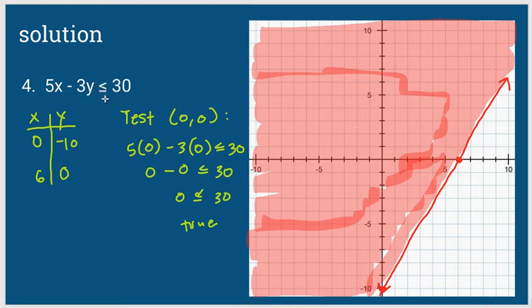If it was just less than, or just greater than, I would use a dotted line or a dashed line. And then the last step is to pick a test point. 0, 0 works well, but if the line goes right through 0, 0, just pick any other point on the graph. Plug that in for x and y. See if it makes a true statement. If it does, you shade on the side where your test point is. If it doesn't, shade across on the opposite side.